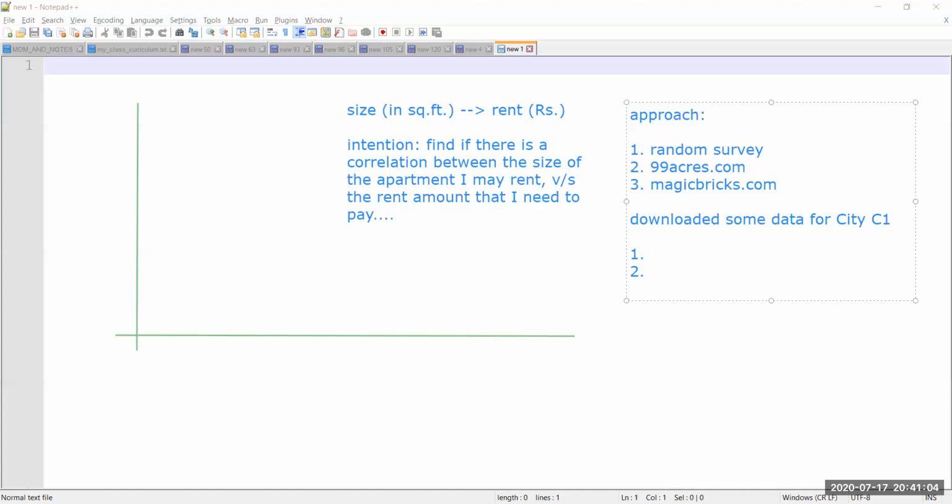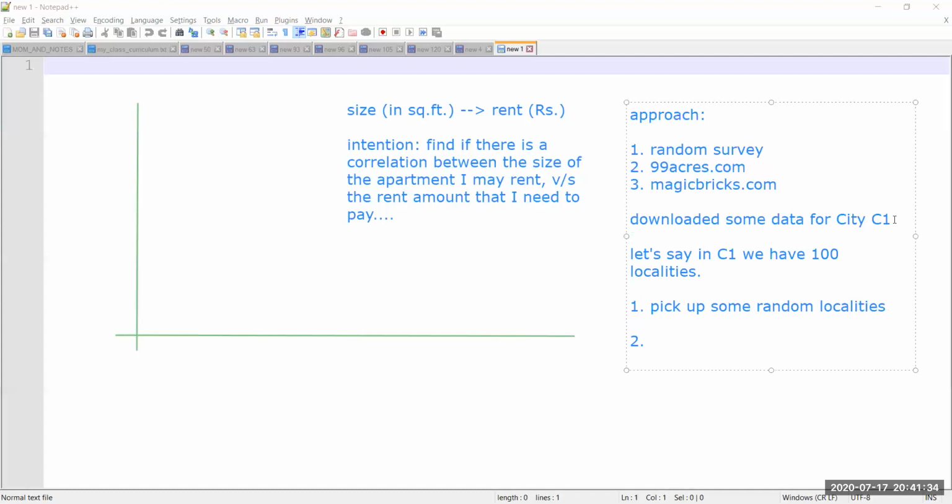In the first place, let's say that in that city C1 we have 100 localities. Obviously, I may not have the time to go through each and every locality. So instead, I pick up some random localities.